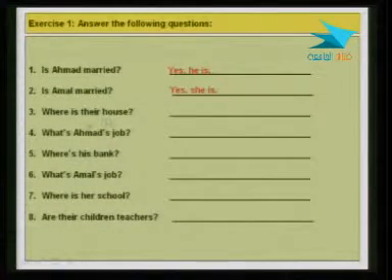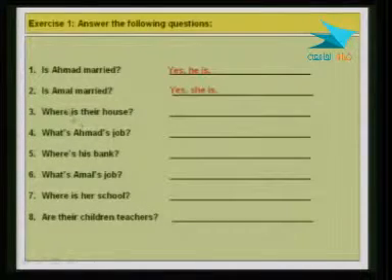Where is their school? Now that question starts with the WH word where, right? Where is their school? Now after where here, we have the verb be, is, and then their school. Where's their house? Think about the answer.